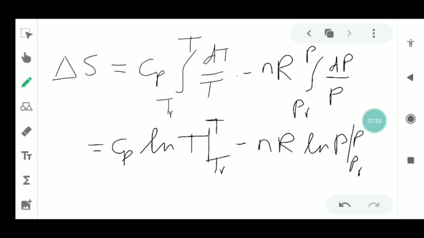Now we consider that for the state Tr there can be some constant, let's say Sr, which corresponds to the state at which we are considering the entropy, the first state, the reference state.